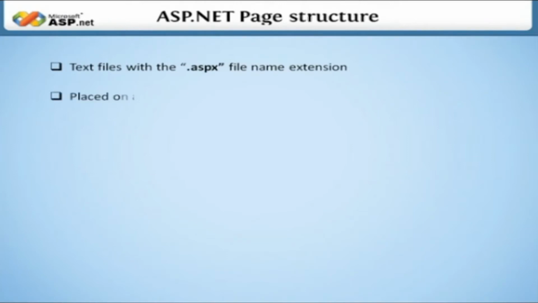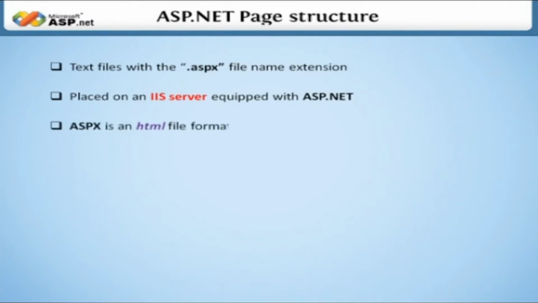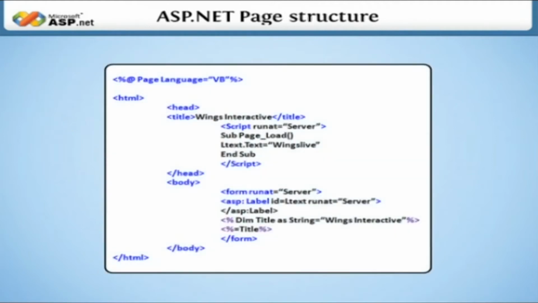ASP.NET Page Structure. Here we're going to discuss page structure of ASP.NET. ASP.NET pages are text files with the .aspx file name extension that can be placed on an IIS server equipped with ASP.NET. ASPX is an HTML file format used to create web pages in programming language. Here is a sample code structure for ASP.NET.